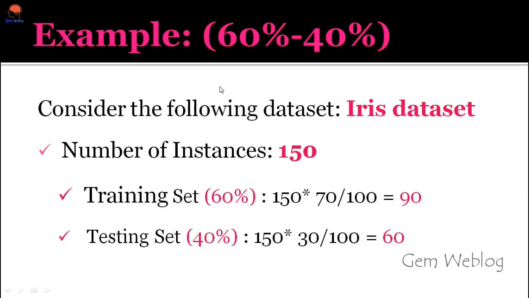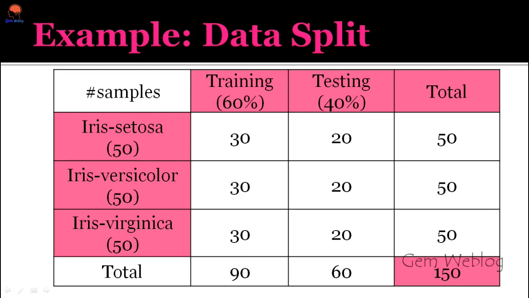Now we have divided the dataset in a 60-40 ratio. If the training dataset contains 60% of the given dataset, then 90 samples will be available in the training dataset. If the testing dataset contains 40%, then 60 samples will be available. Now we will look into how the data is split. Since the training dataset contains 60%, we have taken 30 samples from iris setosa, 30 samples from versicolor and 30 samples from virginica.